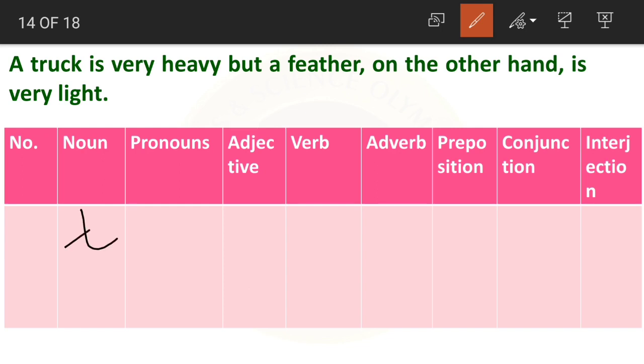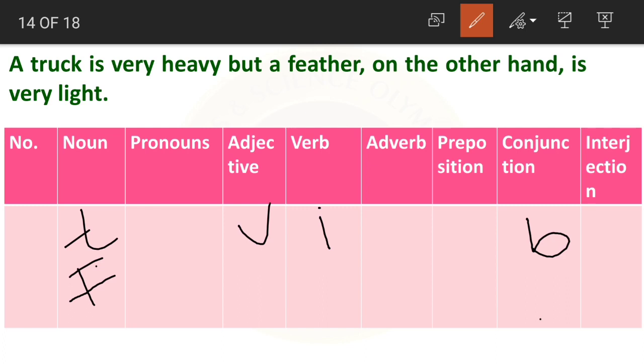Truck. What is "is"? Verb. Very heavy. How is the noun? The noun is very heavy. Then this becomes adjective. But, and, all these joining words, become a conjunction. Feather, again noun.